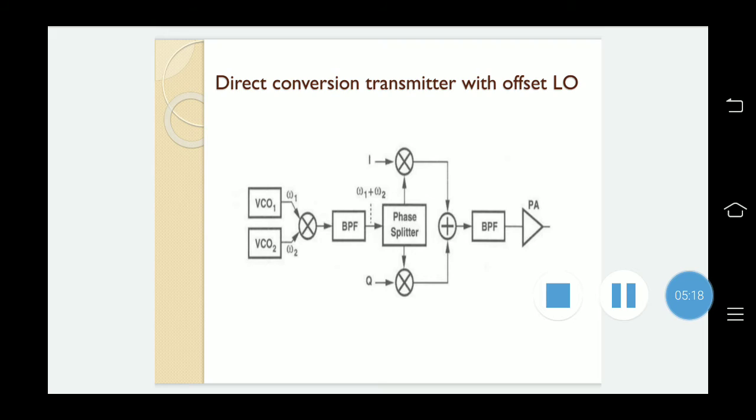It shows the direct conversion transmitter with offset local oscillator frequency, that is, by adding or subtracting the output frequency of another oscillator, where the output signals of voltage controlled oscillator 1 and voltage controlled oscillator 2 are mixed, and the result is filtered such that the carrier frequency is equal to omega 1 plus omega 2. It is far from either omega 1 or omega 2. So this is the direct conversion transmitter without injection pulling.